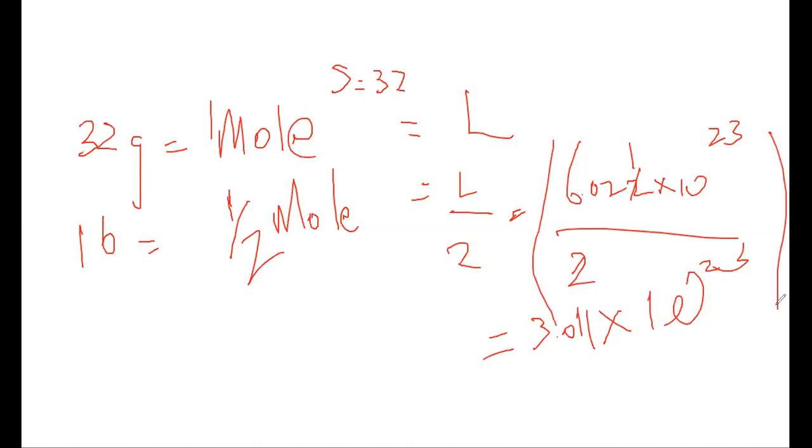They know every science, every maths, but they can't divide. It's really tough. So don't do it like this, cutting 2 with 2. It's a half of 6.022 into 10 to the power 23. That's all. So these are the very important things that we have discussed here. Okay, let's move.